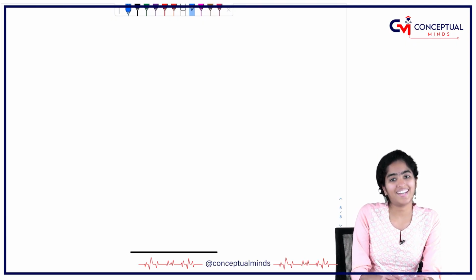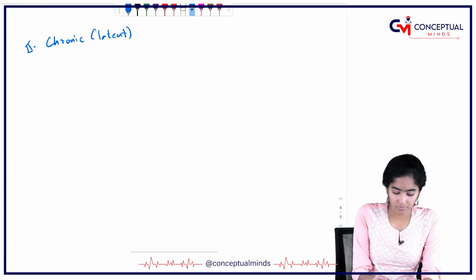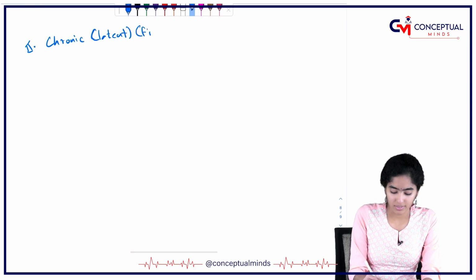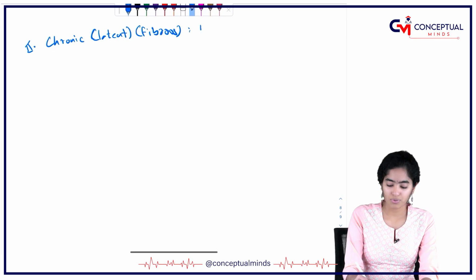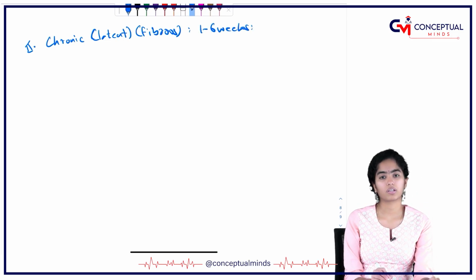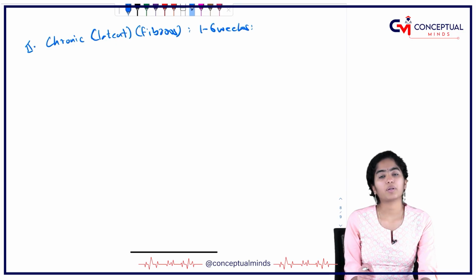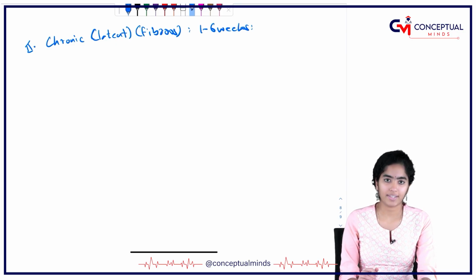Now then let us move on to the second phase, that is chronic phase, or it's also called as the latent stage. Chronic or latent, also called as the fibrous stage. This lasts for 1 to 6 weeks. In the chronic stage, there is only mild vestibular upset and positional vertigo is seen.